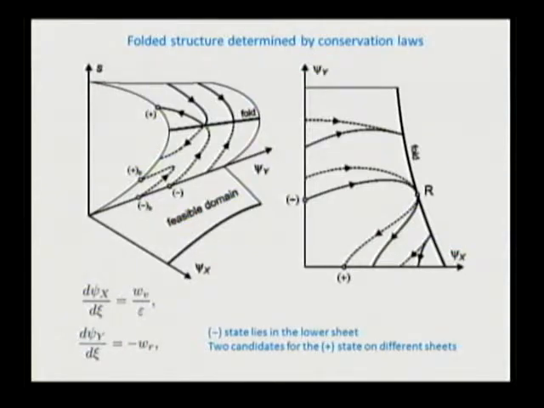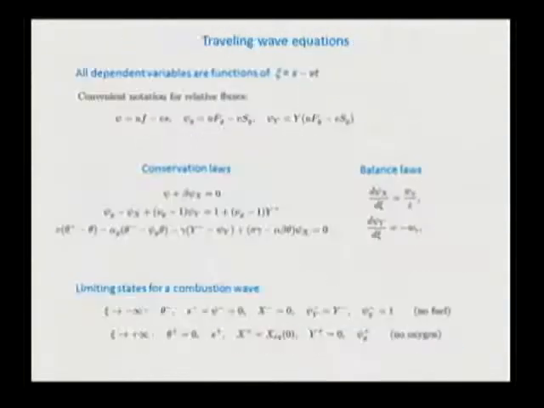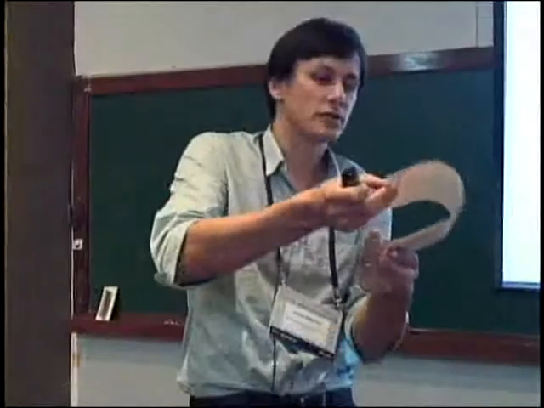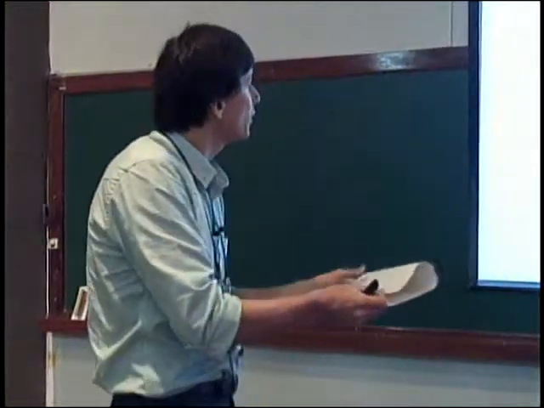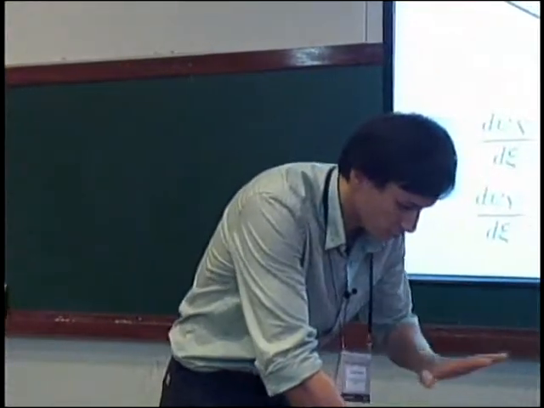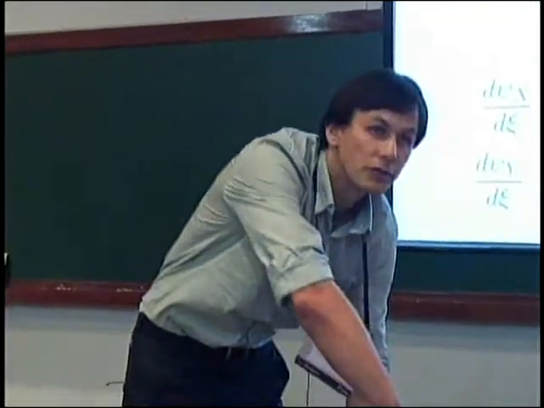So we have ODEs in the plane, and they are determined on the surface defined by the system. And it turned out that the surface is not just flat, it's folded. So the ODE is determined on the projection.